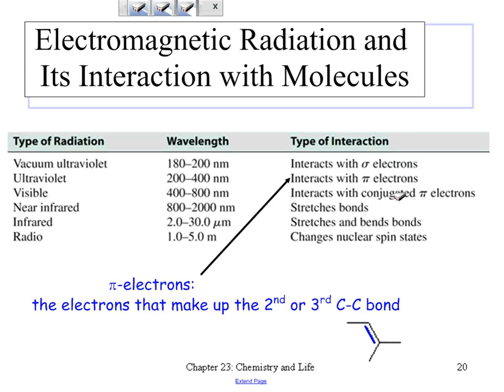Visible interacts with conjugated pi electrons or d electrons, electrons in the d orbital. We'll talk about what conjugated is in just a minute. We're going to take a look at infrared spectroscopy, where the bonds in molecules can stretch or bend.